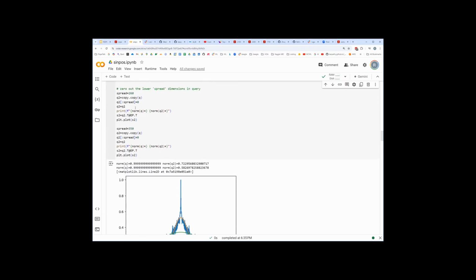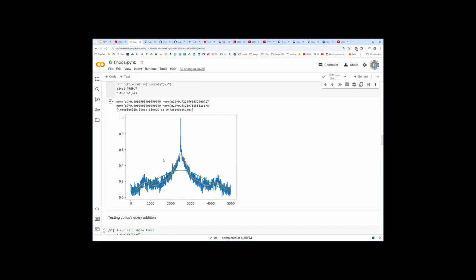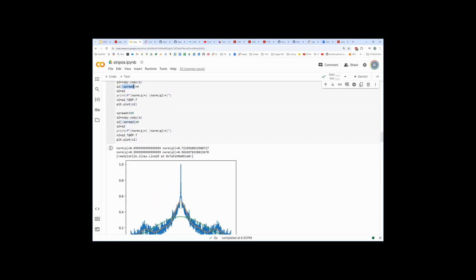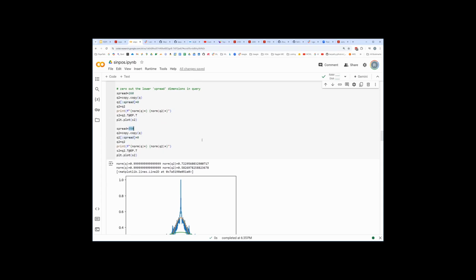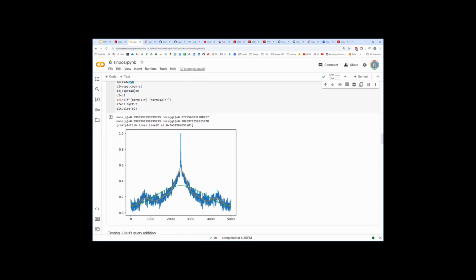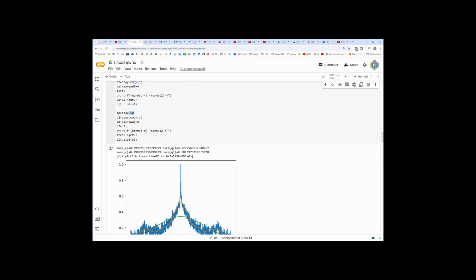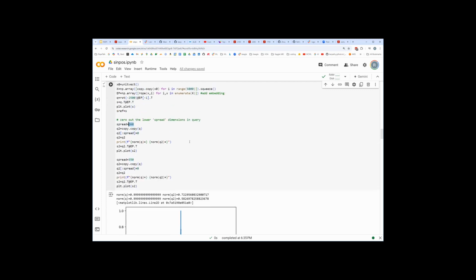The other two lines are the same thing except zeroing out some positions in the query. This one is 350, so that'll be the orange one. We zeroed out part of the query and now the match is smoothed out. And then I'm just doing a broader, larger zeroing out of the query, 350 dimensions in this case, 260 in this case.